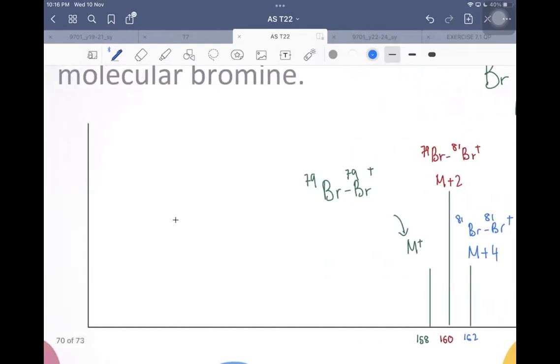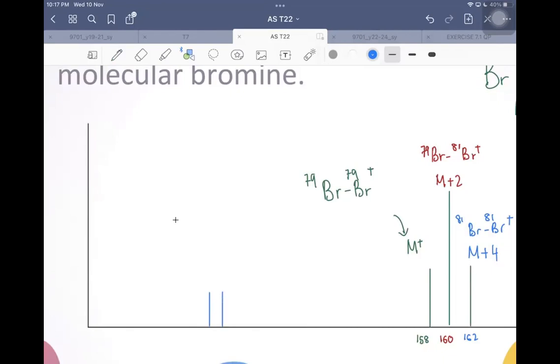I must not forget that my bromine molecule can also be fragmented, can be broken down, right? When I have 1 bromine atom, I should have 2 peaks. The difference is 2 units, and their relative abundance is the same, 1 to 1.